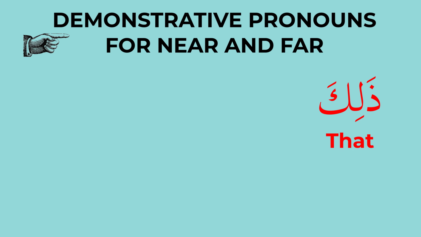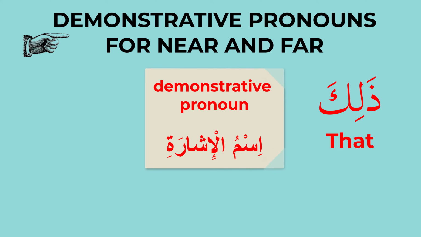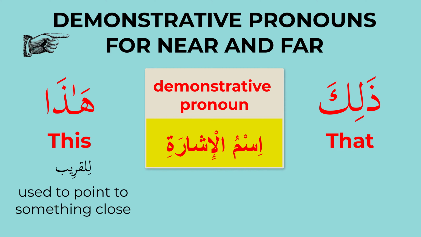Now we come to zalika. It's a pronoun. What kind of a pronoun? Demonstrative pronoun. And what do we call in Arabic? Ismu ishara. Now what is the difference between this and that? Both are demonstrative pronouns. In Arabic, we'll say, Haza ismul ishara lil qarib, for something that is closer.